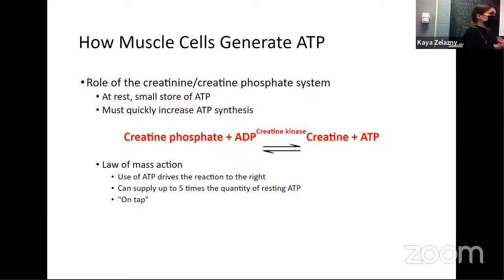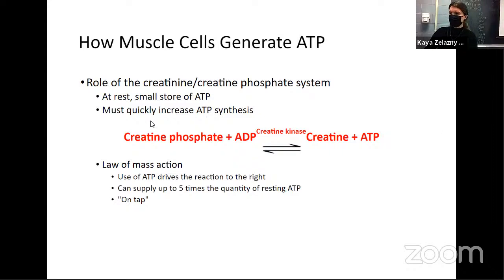So if you start exercising, if you start contracting your muscles, they run out of ATP real fast. And you keep using ATP, so they're going to need to get it from somewhere. Now, to start doing our whole metabolic process actually takes a little bit of time. Okay? So we have this kind of jump start system to get us more ATP right at the beginning without doing all these metabolic pathways.